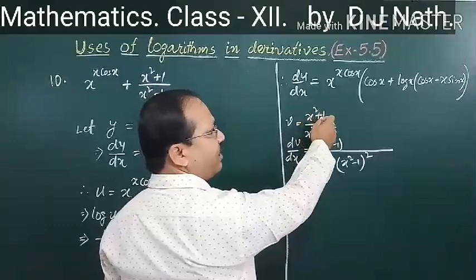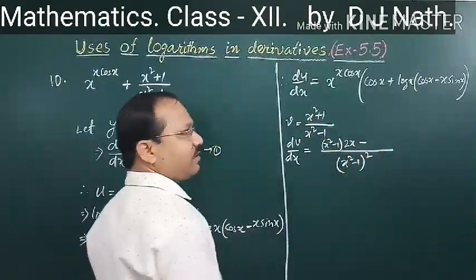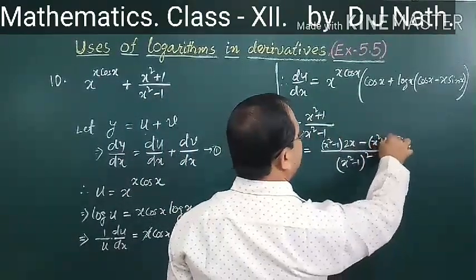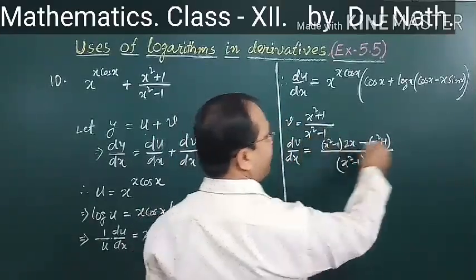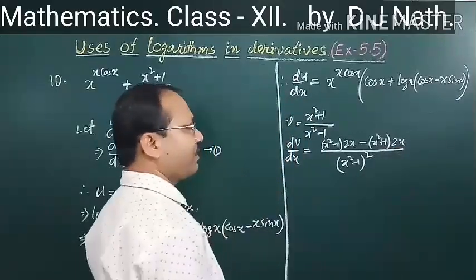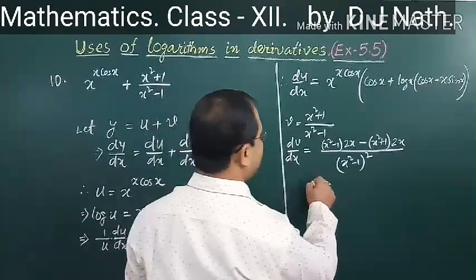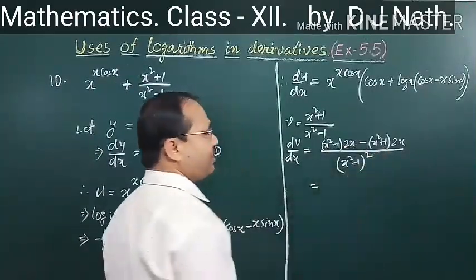The differentiation of x square plus 1 is only 2x, minus u into dv/dx. U means x square plus 1 into the derivative of x square minus 1, which is only 2x. Okay? Got the point? So it is a little bit of simplification, you can do it.